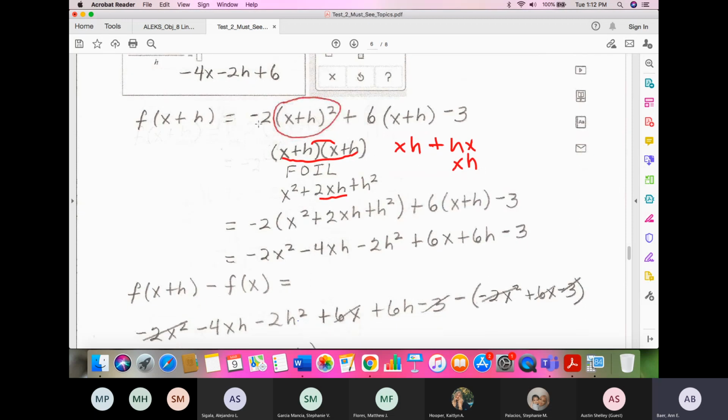So let's go back up here. So now we have negative 2. We are going to take this out and replace it by, in parentheses, we want it all in parentheses, x squared plus 2xh plus h squared. And then we're just going to copy down this plus 6 times the quantity x plus h minus this 3.